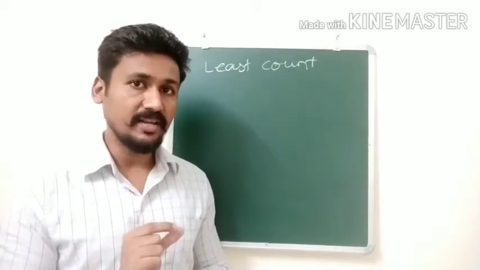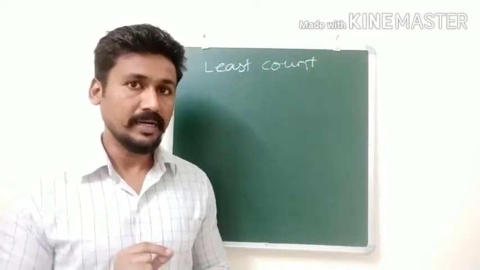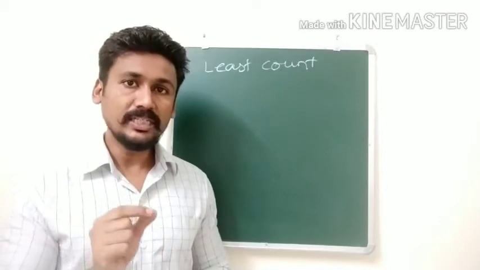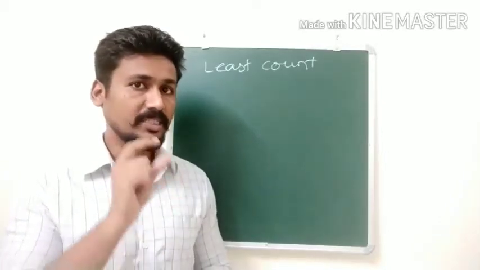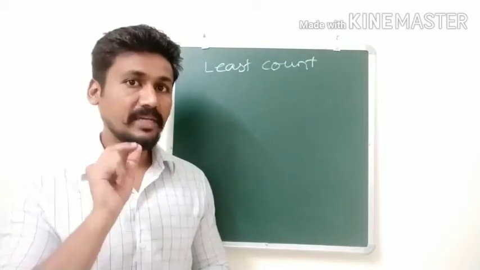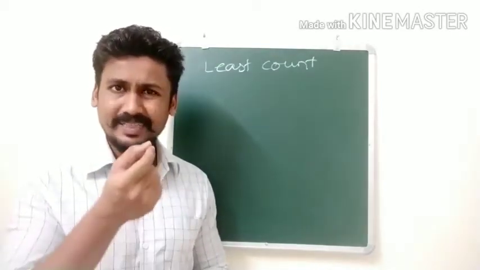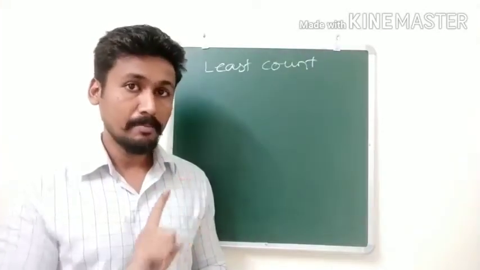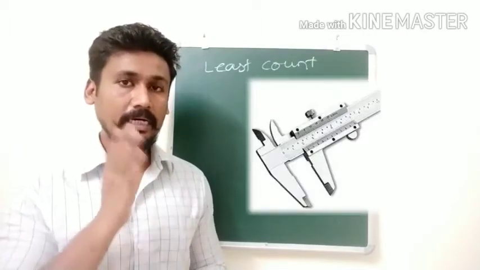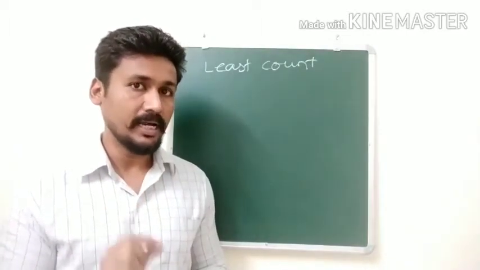When there are smaller devices, we use devices such as the vernier calipers, micrometers, which we will actually see in our practicals also, right? So using these devices, we can actually measure small readings, smaller objects, and they can be much precise. Precise means, for example, using our scale, we can measure up to 1 mm, but using a vernier caliper, we can actually measure 10 times smaller readings. Correct? But again, all these things we will discuss when we are doing our practicals.